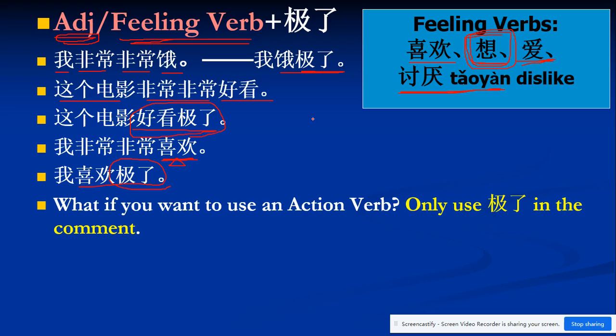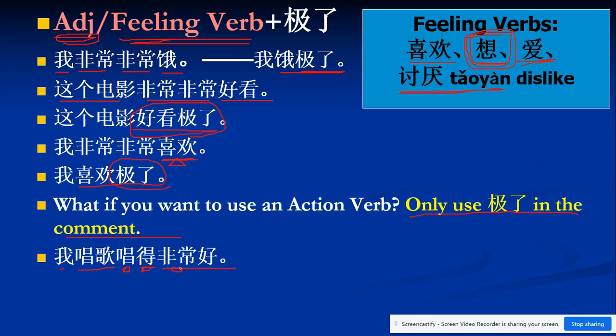What if you have an action verb and you want to use 极了 in an action verb sentence? We only use it in a complement system. Remember, we use 得 to make a complement. I sing very well. 我唱歌, verb 唱, 得 functional word, complement 非常好. 我唱歌唱得非常好.